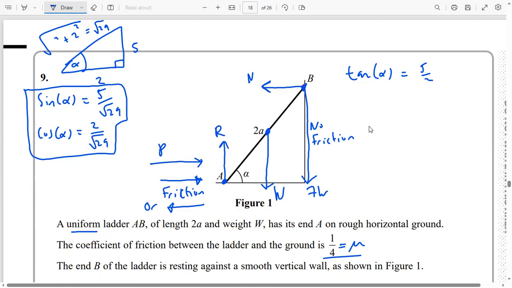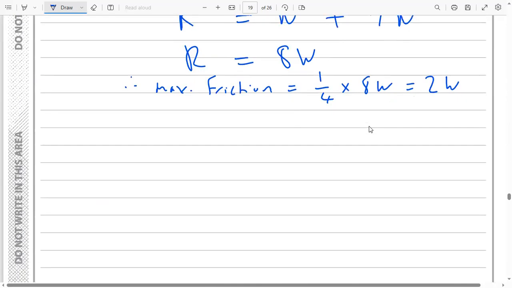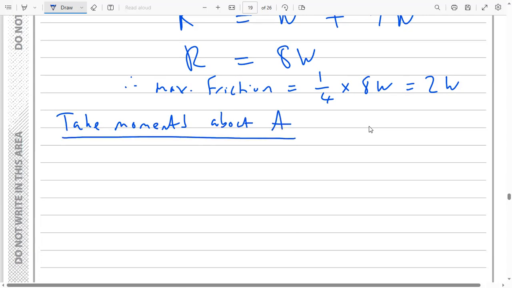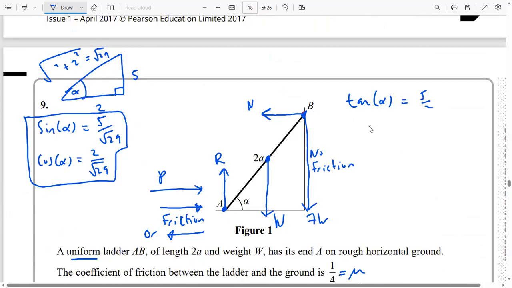Let's take moments at A. The whole point is that we need to take moments about A so that we can forget about those two unknown forces. If we look at our diagram, we don't know P, we don't know the specific friction, but if we take moments about A, we don't need to worry about these two forces.